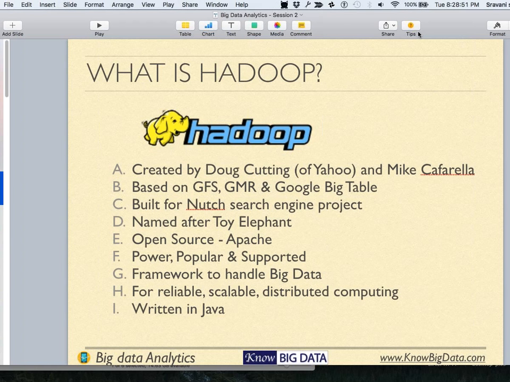For example, say we have 50 computers and we are trying to compute the Fibonacci series. What is the Fibonacci series? The nth term is equal to the summation of the previous two numbers, right?